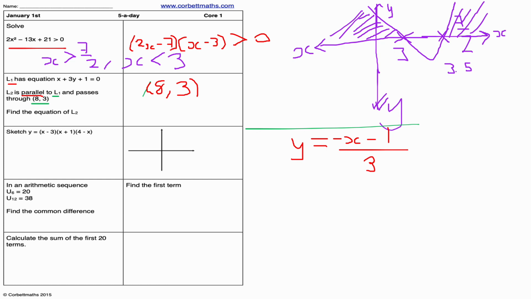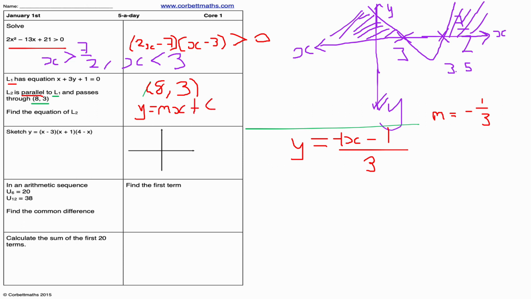So the gradient is the coefficient of x, so the gradient is equal to -1/3, and it passes through the point (8, 3). Using the formula y = mx + c, we know the gradient, and we now want to work out the c value.